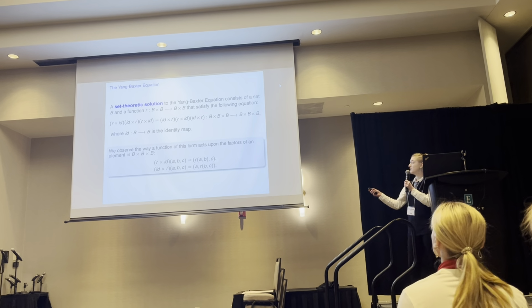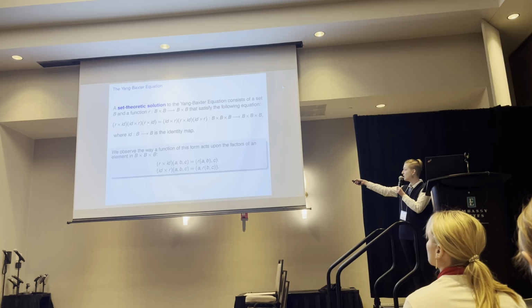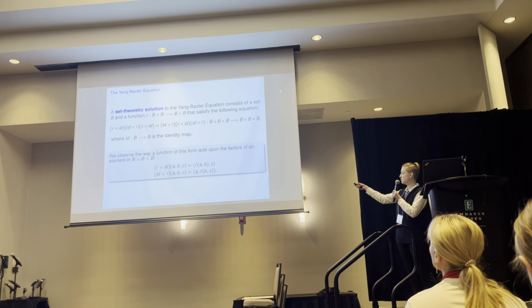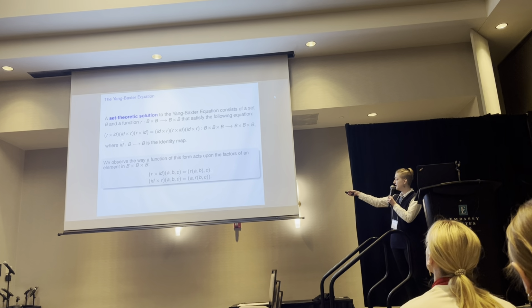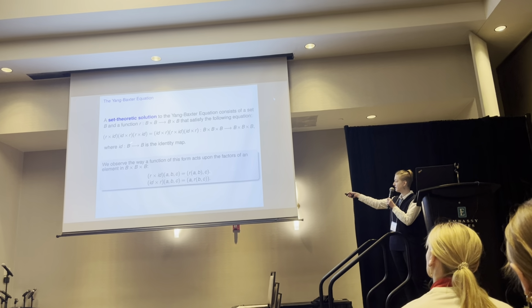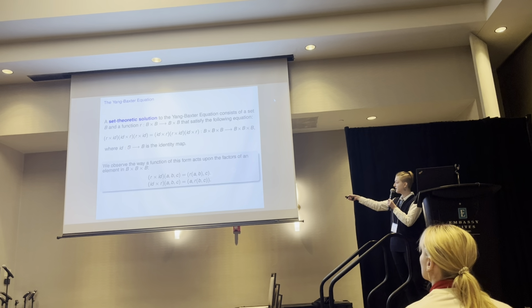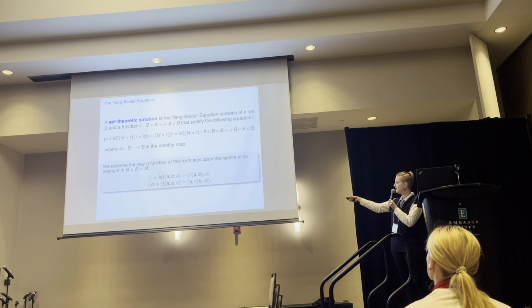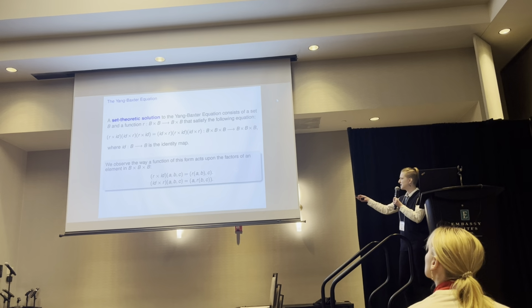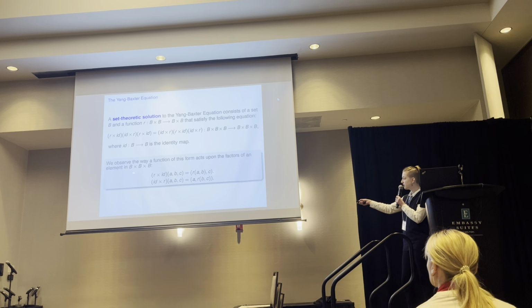To clear up a bit of the notation, everything that looks like a cross product here is actually an individual function, so this is a composition of three functions. Wherever you see ID, that stands for the identity map on B. Here's the way that a function of this form works.